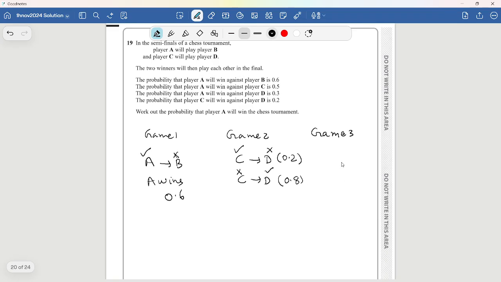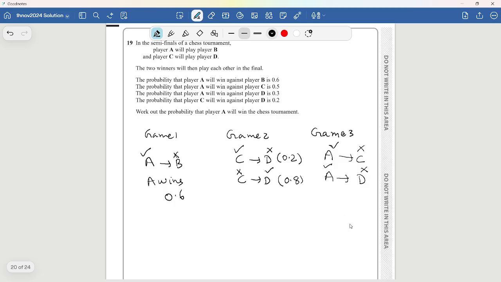Now the third game. Again we can have 2 different options here. If we assume C has won Game 2, player A will play with C and A will win the game, or A will play with player D if D has won Game 2, and A will win the game.